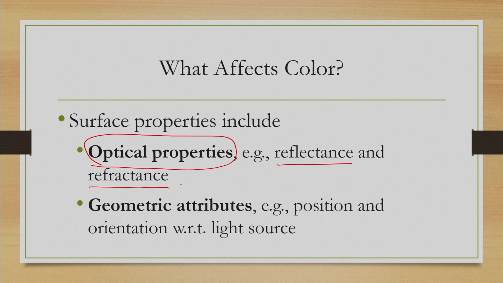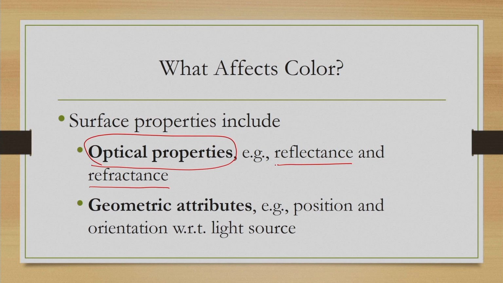Refractance refers to the fact that light gets refracted while passing through a surface, and the amount of reflection or refraction is determined by some properties, reflectance properties and refraction properties.